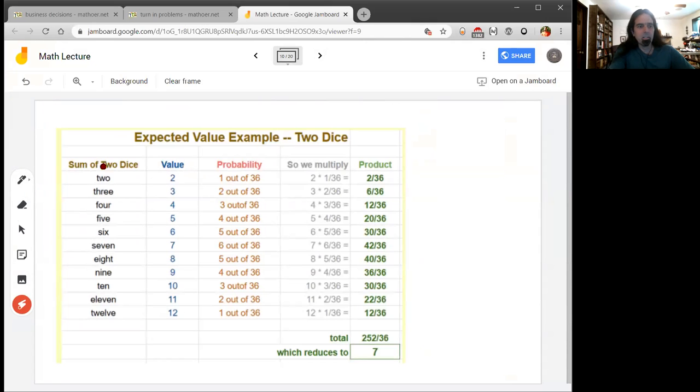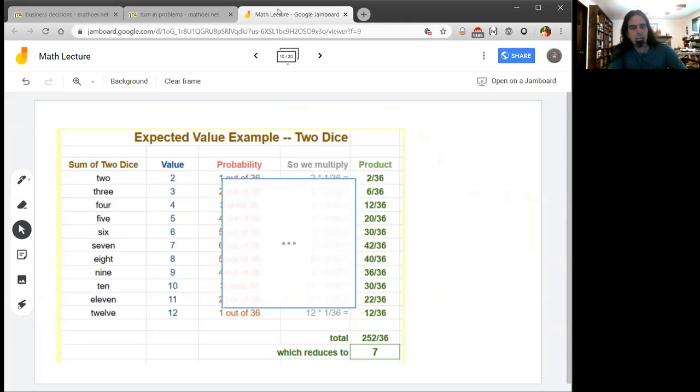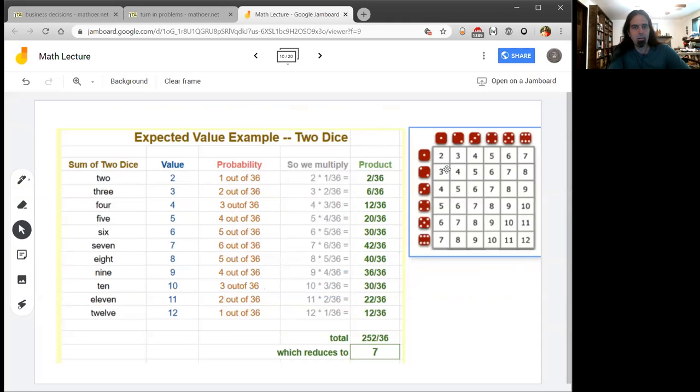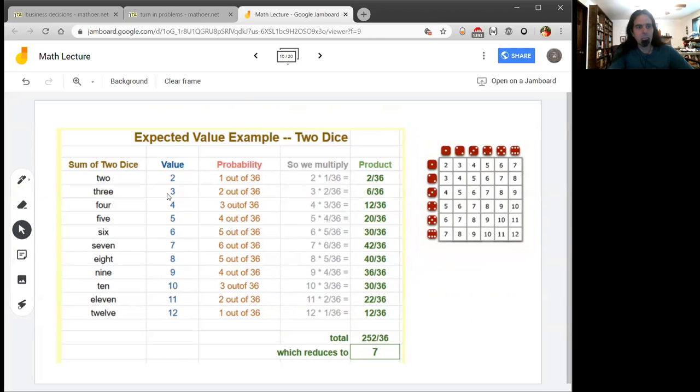So in this case, we could roll a 2, a 3, a 4, a 5, and so on. Then the next column, we put a number to it. In this case, the first column was numbers.